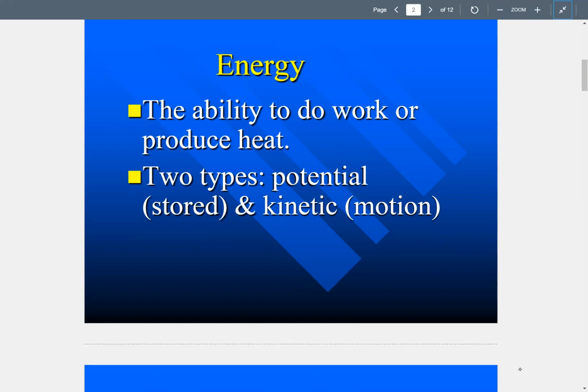Or you might have a volume change, and that volume change could be used for work. Work is going to be some sort of physical pushing, pulling, that kind of thing. And then it's just get hot or get cold. And this is what we mean by produce heat. And so if something is said to have energy, it can do this.